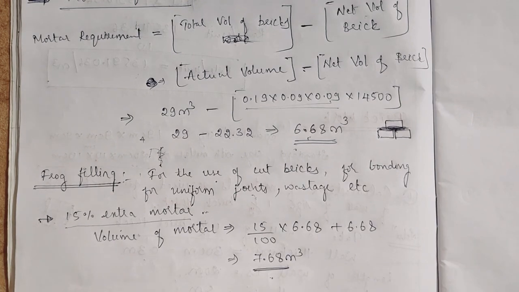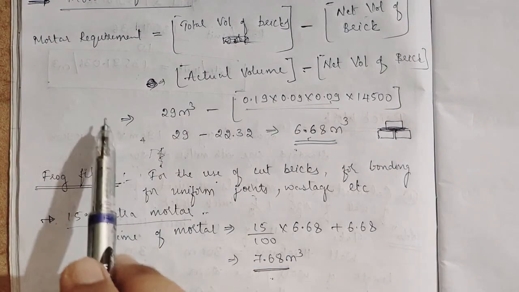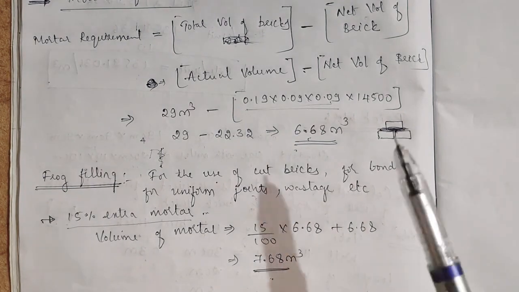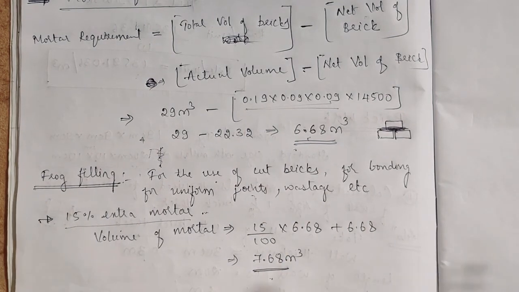So we found out the number of bricks, and we calculated the mortar requirement. Now we'll calculate the actual material, that is the dry material requirement.